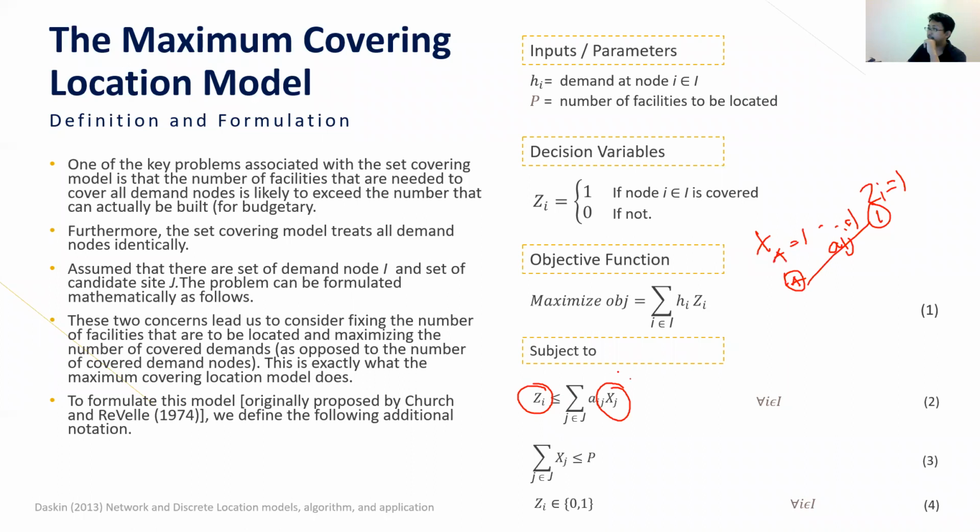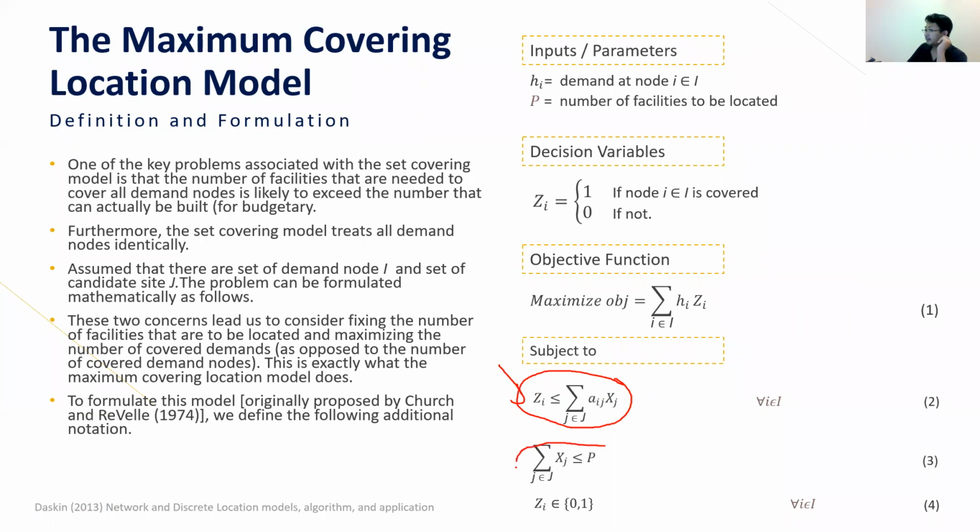Okay, this is the constraint to make sure of that. And this is to populate this zi: if it's being covered, the value will be 1. If not, it will be 0.